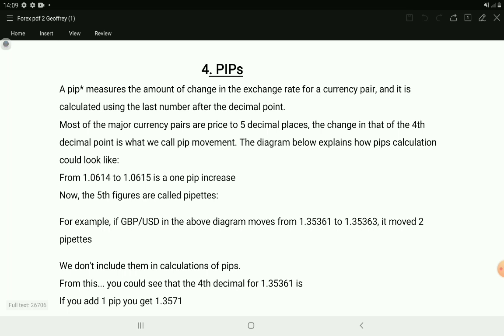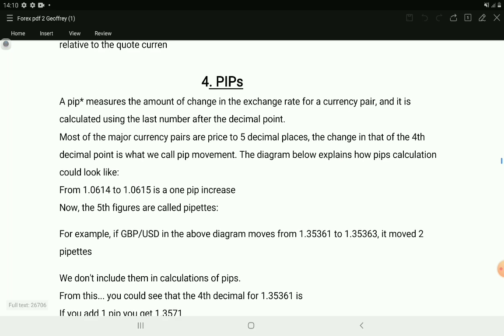That is for most currencies like GBP, USD, and many others. But any currency pair that has the Japanese yen, that is JPY, the measurement is taken from the second decimal place. Any number after the second decimal place should not be considered. You start counting your pips from the second decimal place.